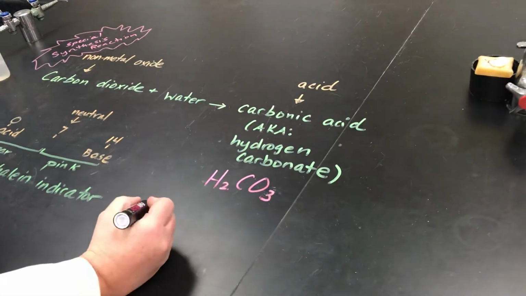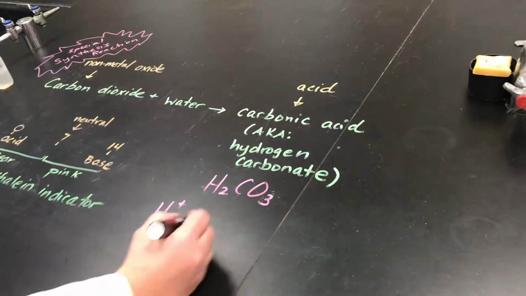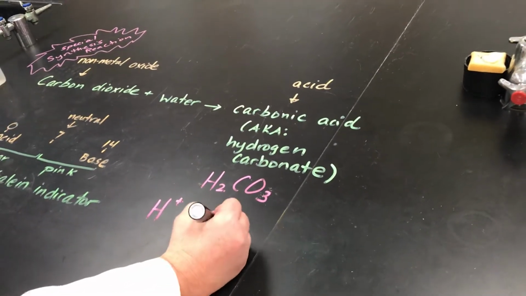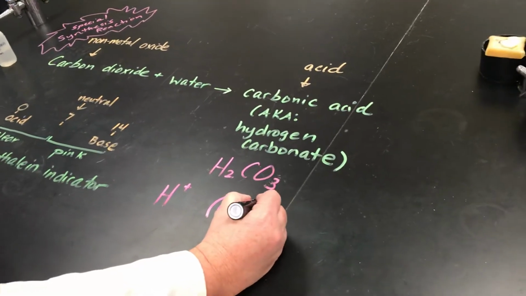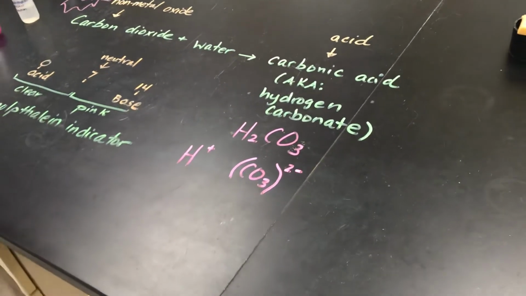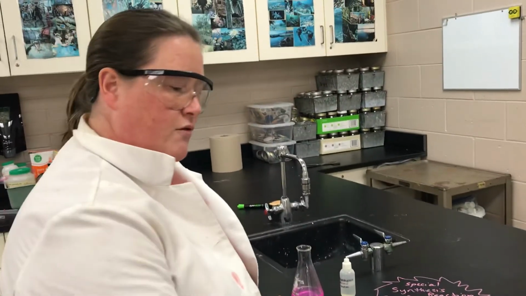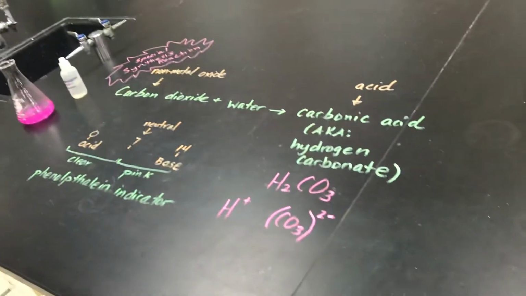H2CO3 is the formula for carbonic acid because it's forming from a hydrogen ion and a carbonate ion, which has a -2 charge, so H2CO3. So acids can be recognized by, when you look at their formulas, they often start with a hydrogen.